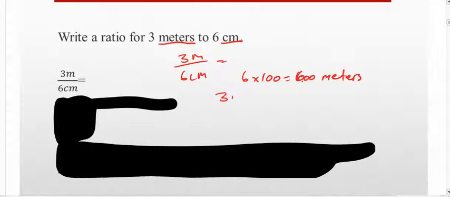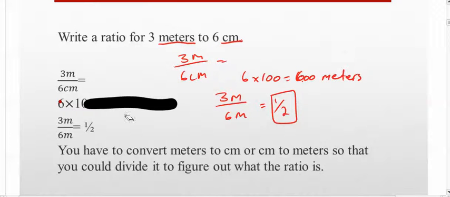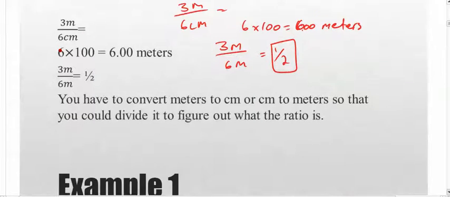Then it becomes 3 meters divided by 0.06 meters. That would be the ratio of the problem. When you erase all of this, it just tells you the answer. You have to convert meters to centimeters or centimeters to meters so that you can divide and figure out what the ratio is. So that's the answer to the first problem.